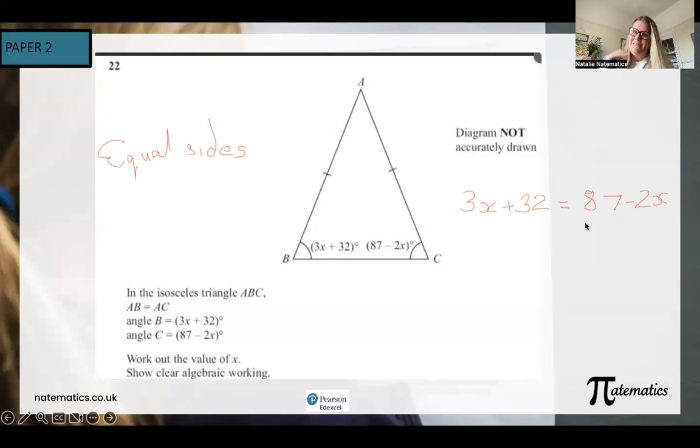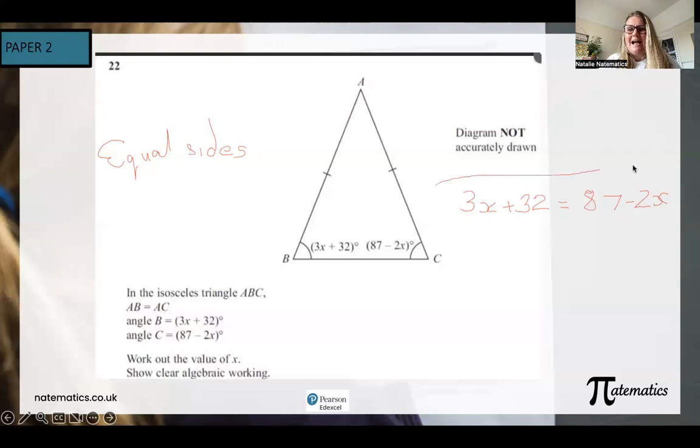And it's here, specifically, I want to point you out to this. Show clear algebraic working. That means don't sit there with your calculator and just try different numbers out, okay? Because you won't get your mark. So what we could do is we'll say, well, we know those angles are the same. So how do I write that? What can I write down?